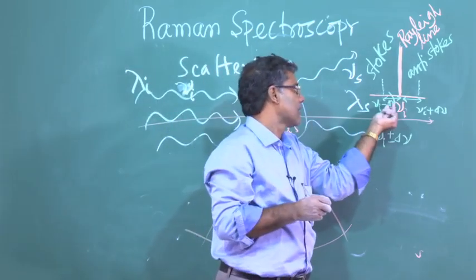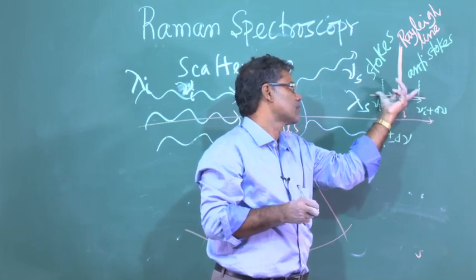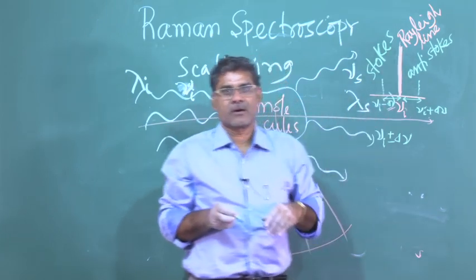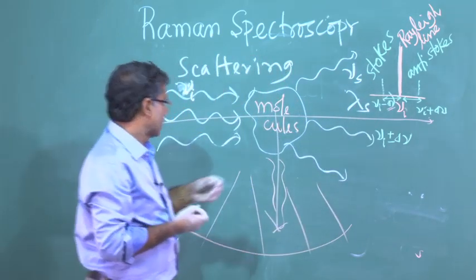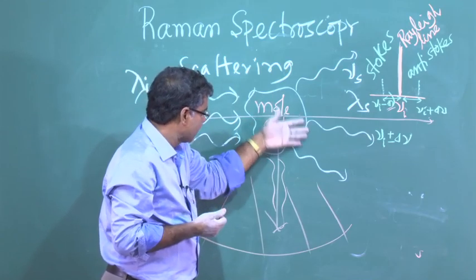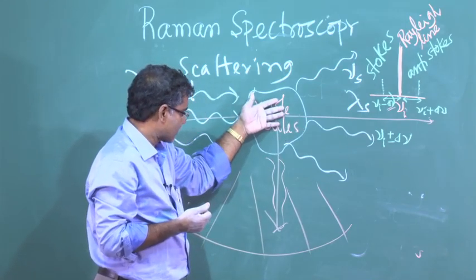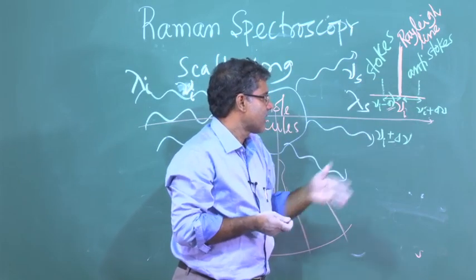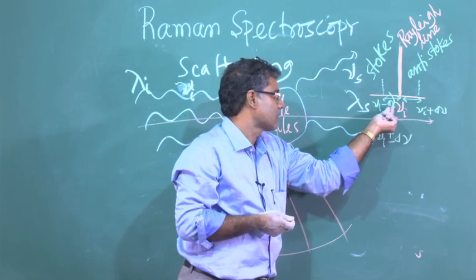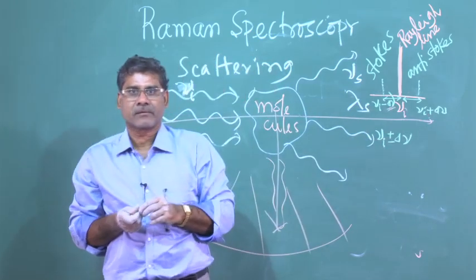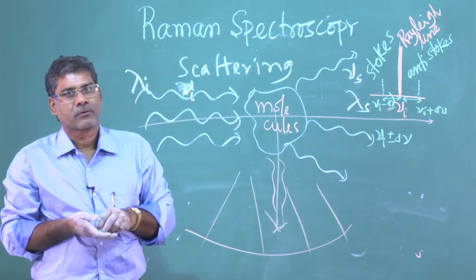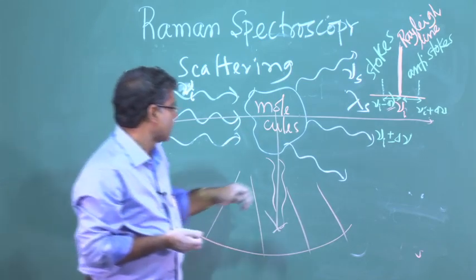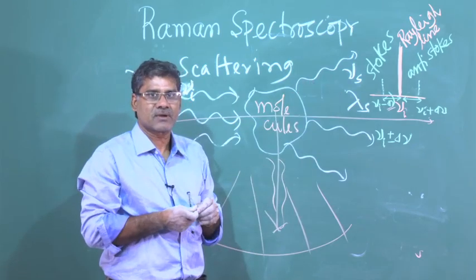In this case you will get only these two lines, in addition to the original frequency. So this is the geometry of Raman spectroscopy, the spectrometer, and these lines were observed. I will show you that this is related to the rotation and vibration of the molecules. I will discuss this in the next class. I will stop here. Thank you.